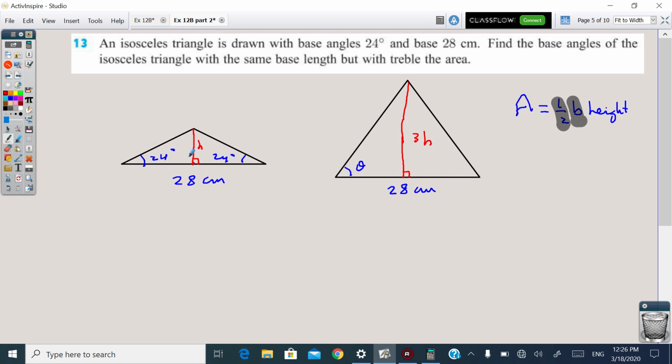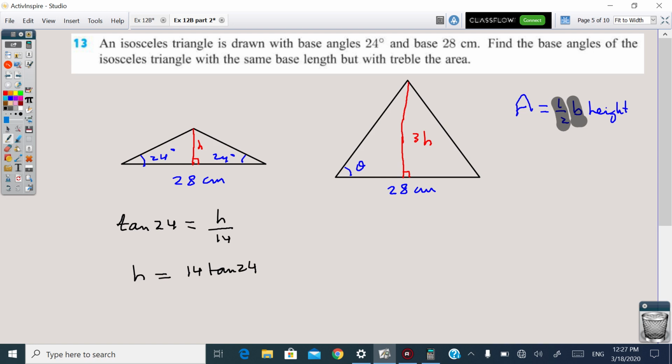Can we calculate h from this triangle? Of course we can. Remember, this is an isosceles triangle. H, as far as the 24 is concerned, is the opposite, and this side is 14 because the perpendicular bisects the base. So tan 24 equals h over 14, and you can work out h as 14 tan 24.